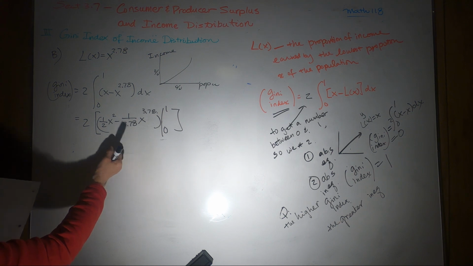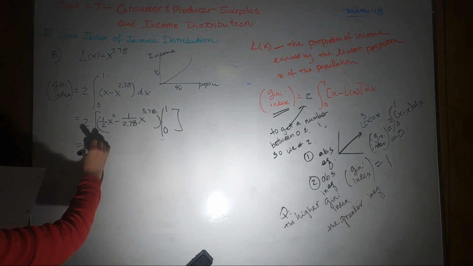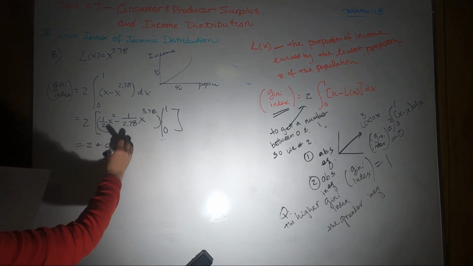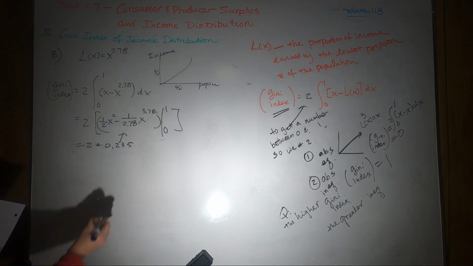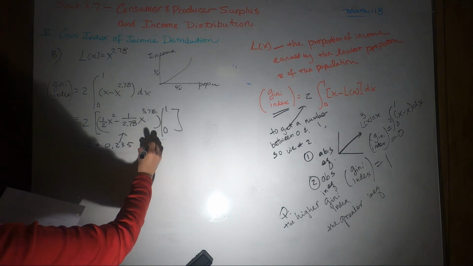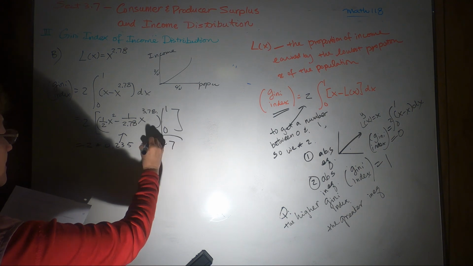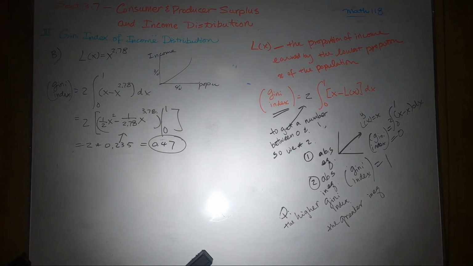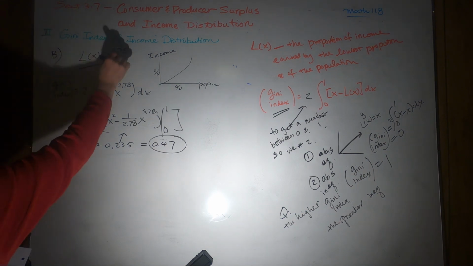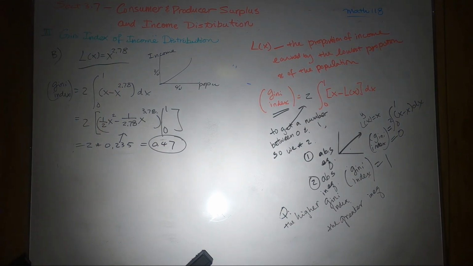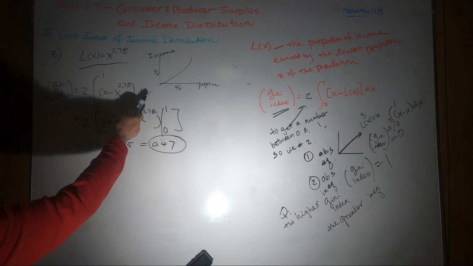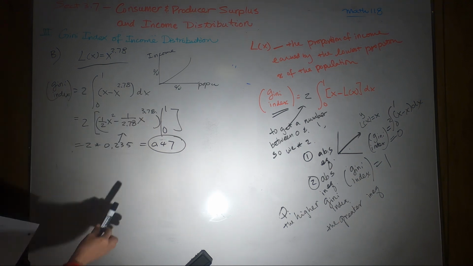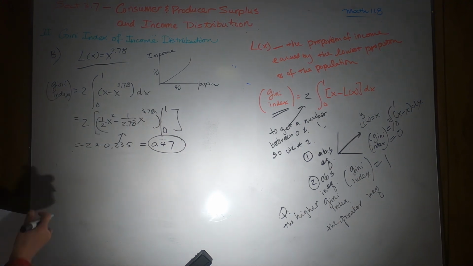You plug in, and this is 2 times about 0.235, so that would be 0.47. So according to the Census Bureau, the Lorenz curve for 2012 population versus income ends up with a Gini index of 0.47.